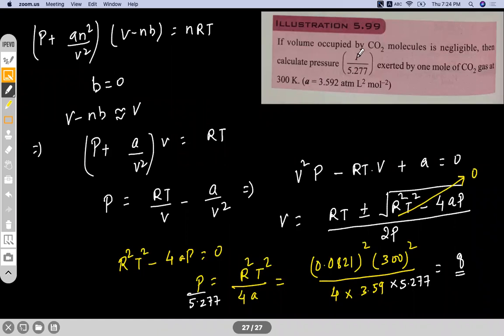Right, the question is P divided by 5.277. Understood, right?